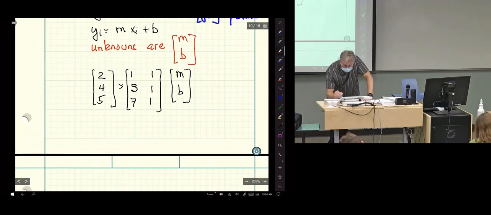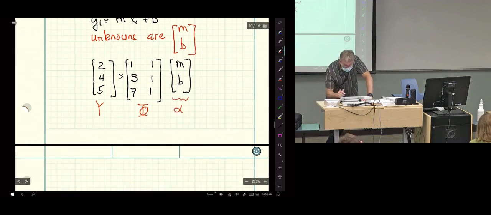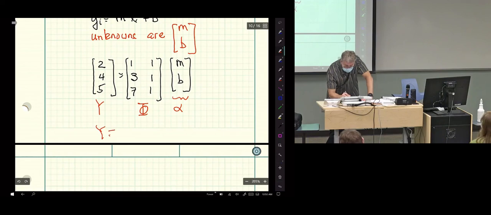Okay, so I'll call this y. This will be a regressor, okay? And this is my vector of unknowns. I'll call that alpha. So I have the equation y equals phi times alpha.